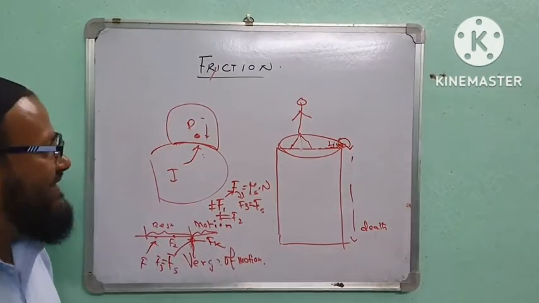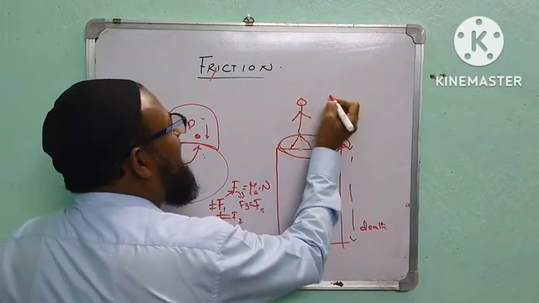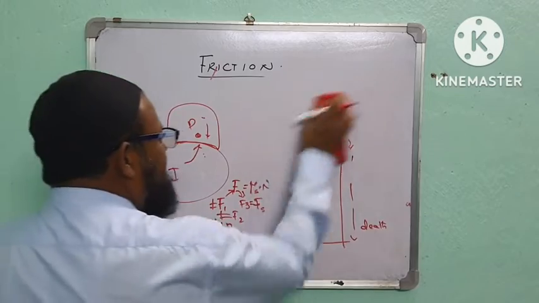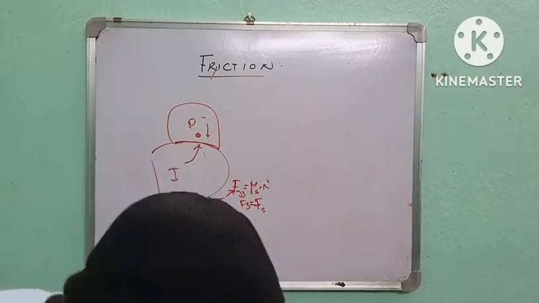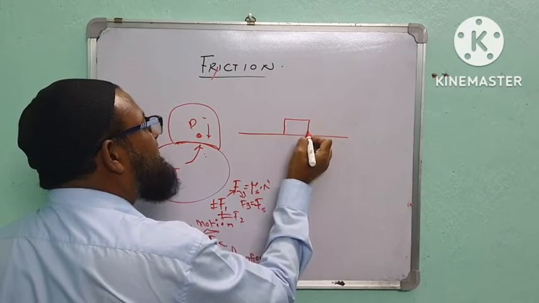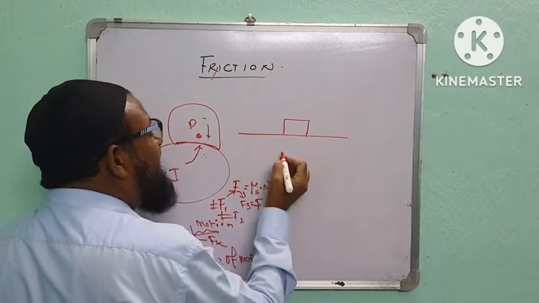I am giving one practical example. What is the difference between a limiting friction and a friction?